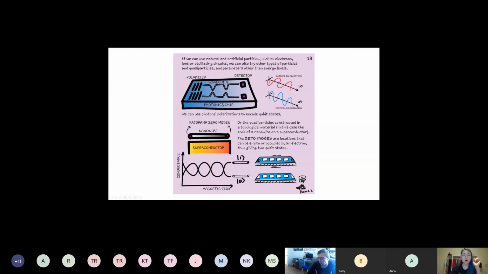You could have this oscillating behavior exchanging between 0 and 1 if you apply different magnetic flux. So you could assign that when your electrons are not filling up the zero modes, that's 0. And if it is filling it up, that's 1.